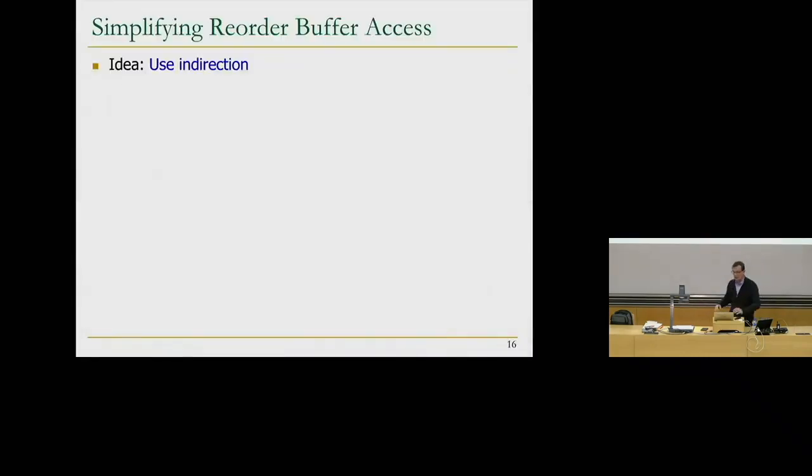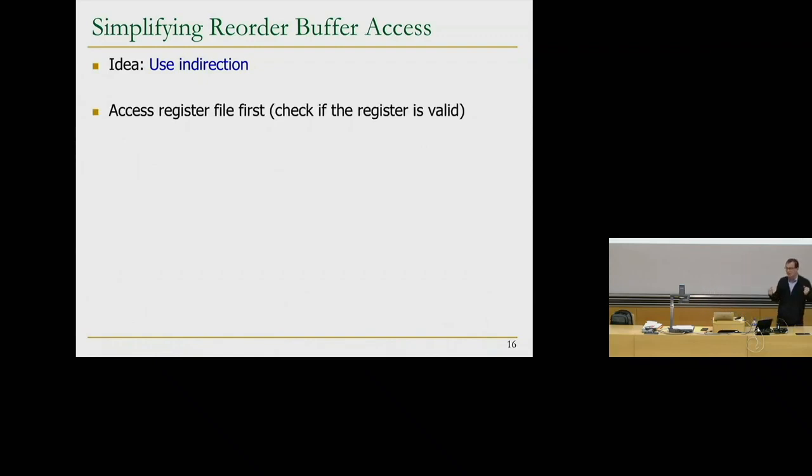Okay, so how do we actually get rid of this reorder buffer search from being on the critical path? You use indirection. So basically, you augment the register file to be a little bit more intelligent. You access the register file first, and check if the register is valid. Remember the valid bits in the register file that we introduced for scoreboarding? We still have those valid bits. The register being invalid means that the register is being written by someone.